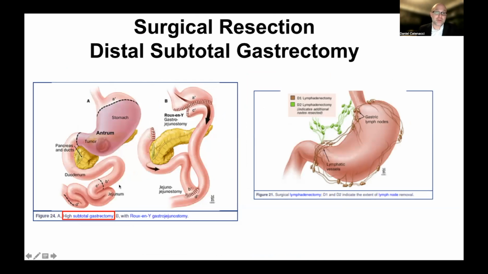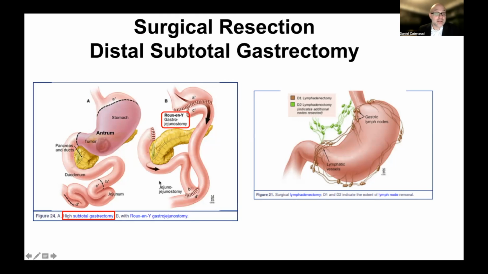This is an example of a higher subtotal gastrectomy or a near total gastrectomy, and the surgical procedure is called a Roux-en-Y gastrojejunectomy. So you can see there's sort of a Y figure that's created by the surgeon.